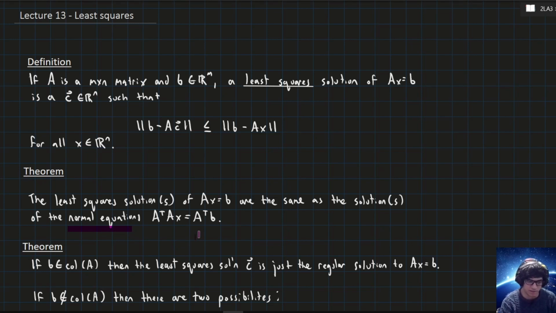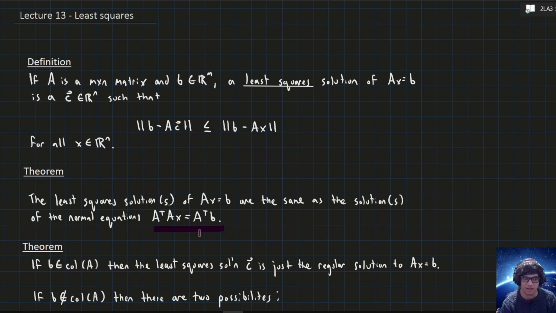How you might want to think about it is, if Ax = B is not solvable, then I'm going to multiply both sides of this equation by A transpose. That's how you get this.